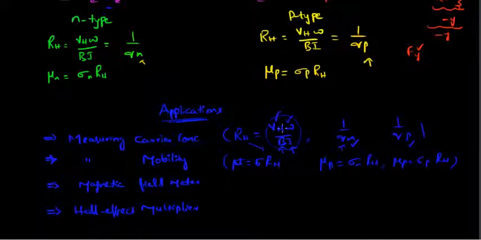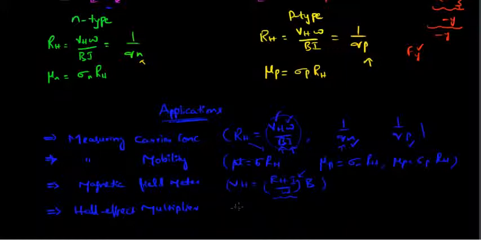As we know, R_H equals V_H W over B I. We can write V_H as R_H times I over W as a factor times B. If we take this as a proportionality constant, keeping I constant or a known value, V_H will be directly proportional to B. The voltage which you measure across the two faces will be directly proportional to the magnetic field in which you keep the semiconductor material with known current flowing through it.